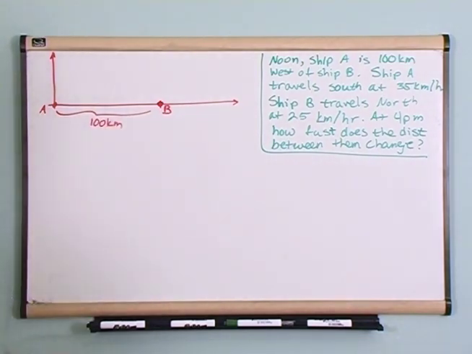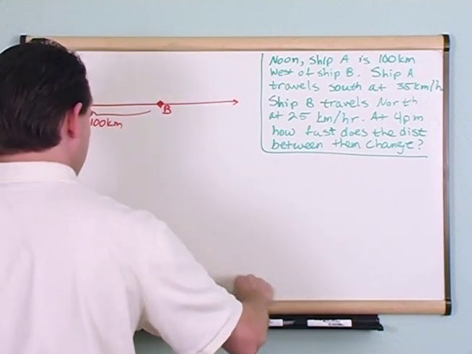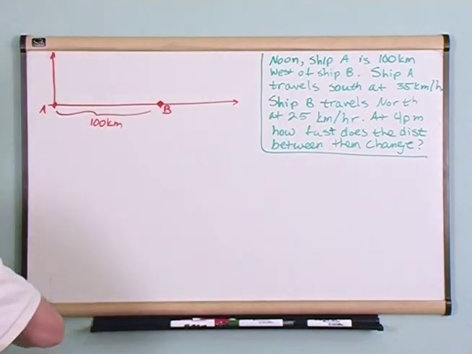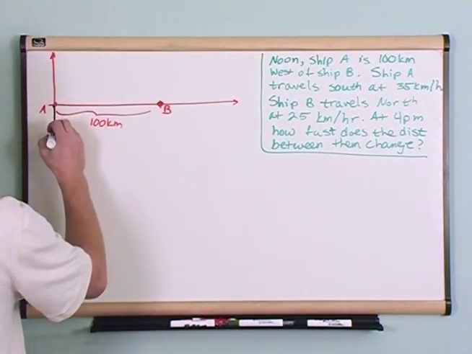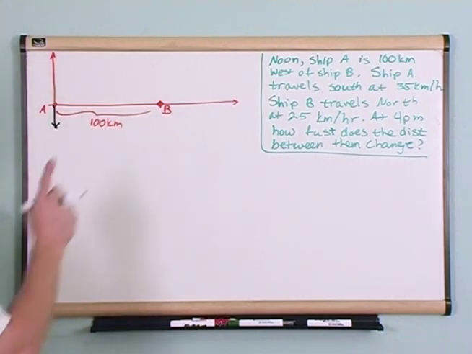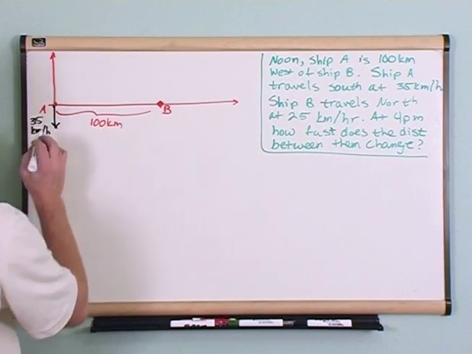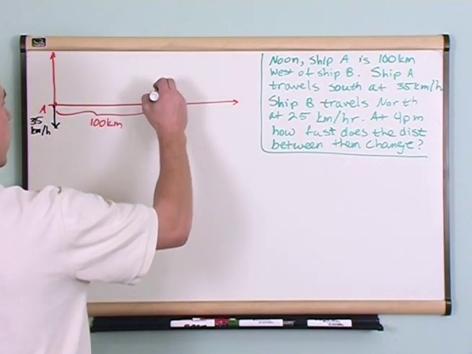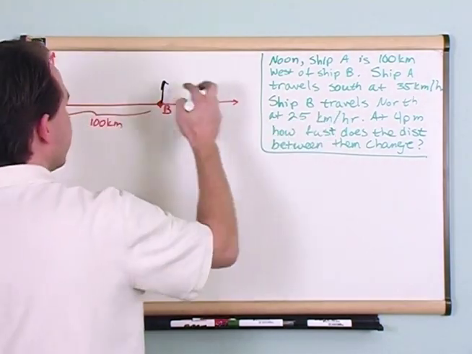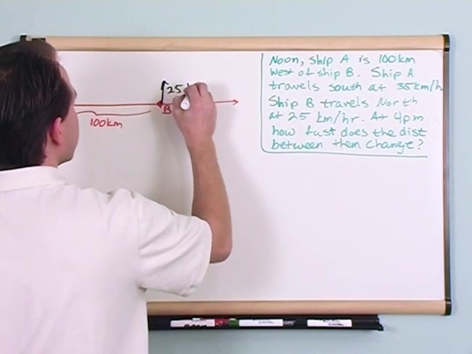Okay. Ship A goes south, and I'm going to draw this in another color. The velocity here, I'm going to draw with a black arrow, goes south at 35 kilometers per hour, and ship B goes north at 25 kilometers per hour.